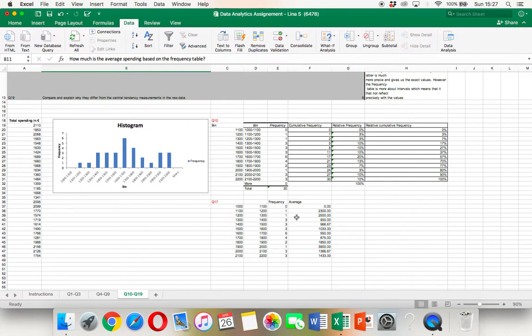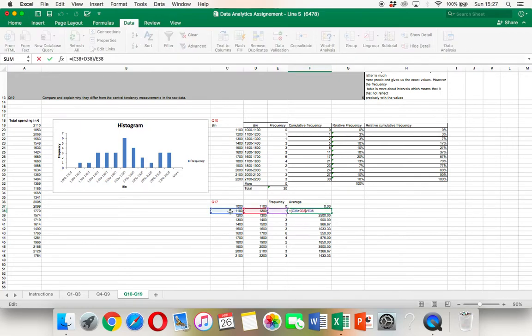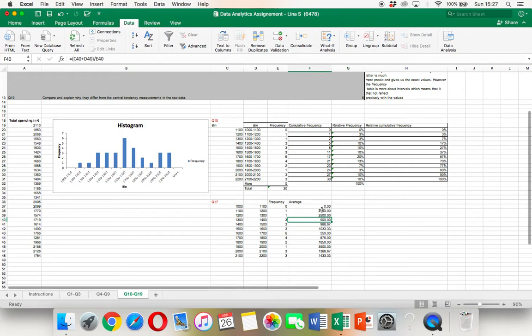I need these three values to get the average. To get the average, I just add up the lowest value of the interval and the biggest value of the interval, and I divide them by the frequency, and it just gives me the number.